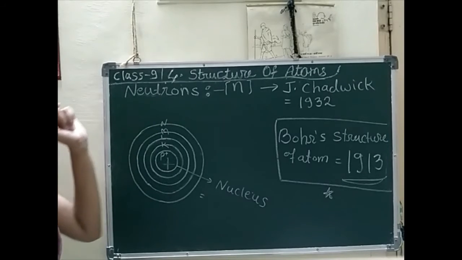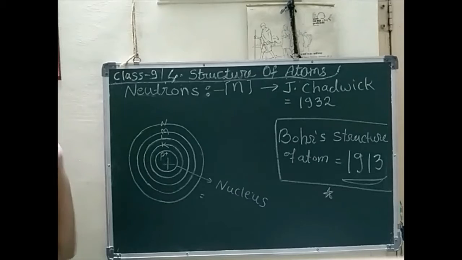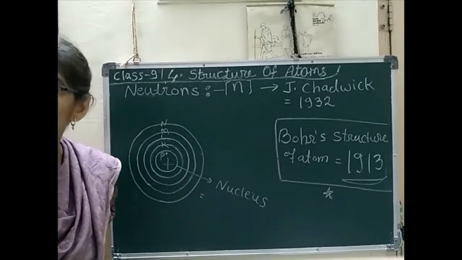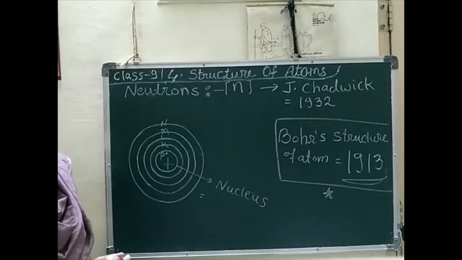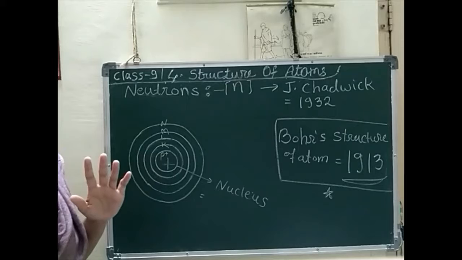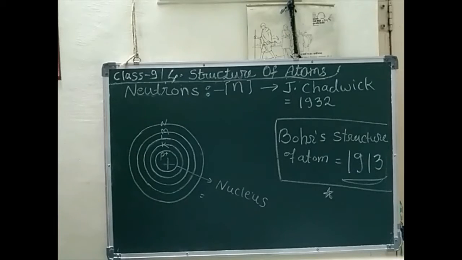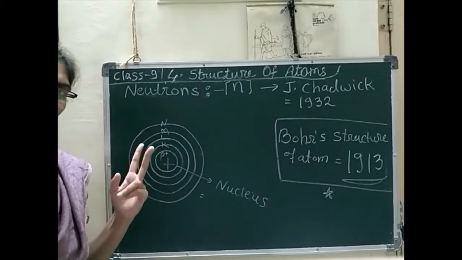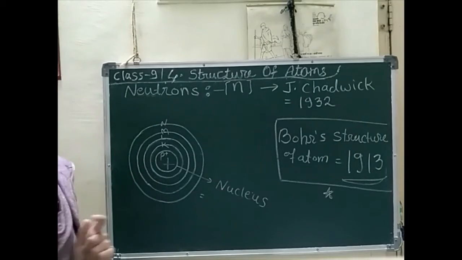So a new, very important thing we have to learn in this lecture is the discovery of neutron. What is meant by neutron? We know very well that an atom has two types of subparticles: one is proton and another is electron. Proton is positively charged and electron is negatively charged.